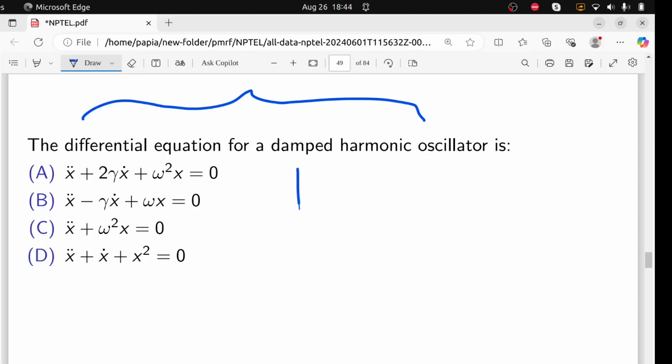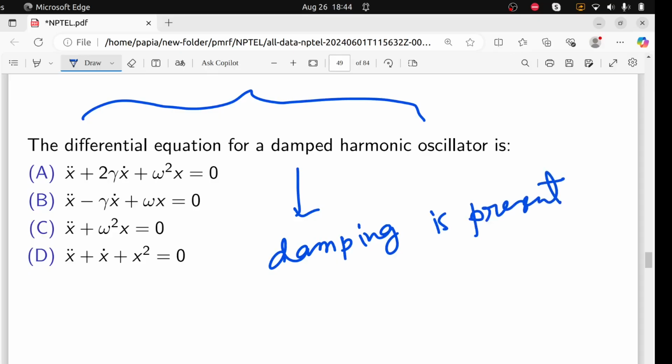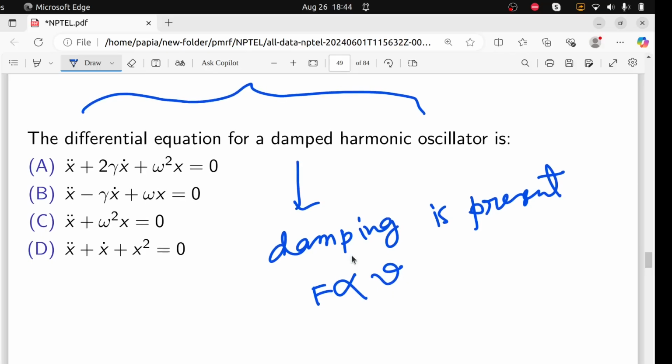For a damped harmonic oscillator, if damping is present, that means there is some force proportional to the velocity. So I can write 2 lambda and v, or 2 lambda x dot. And as it is a decreasing one, because when the velocity increases the force will oppose the system, it will be a minus sign.